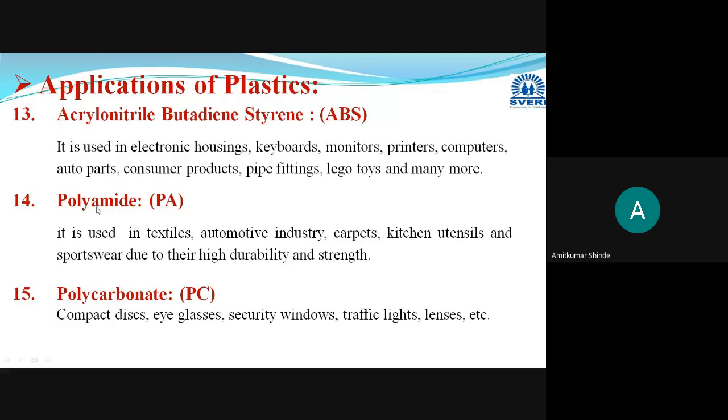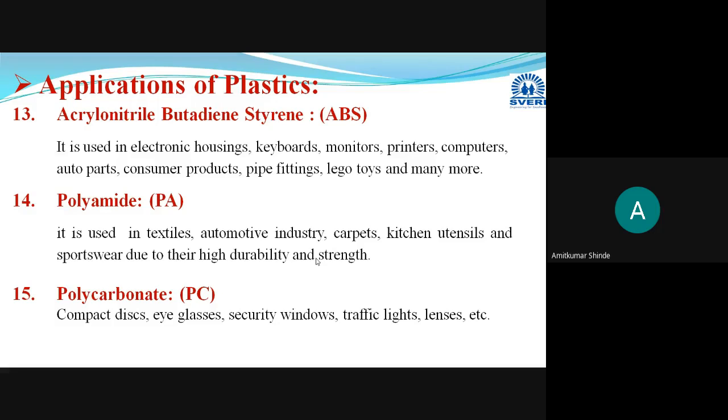Then the next is polyamide. This polyamide is used in the textile industry, the automobile industry, and different kinds of kitchen utensils, the small equipment we use in the kitchen.